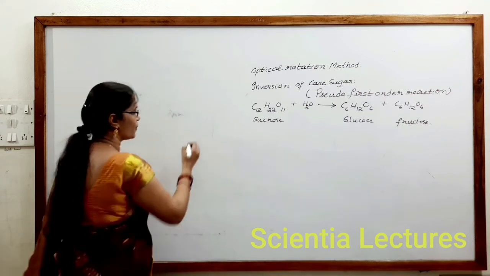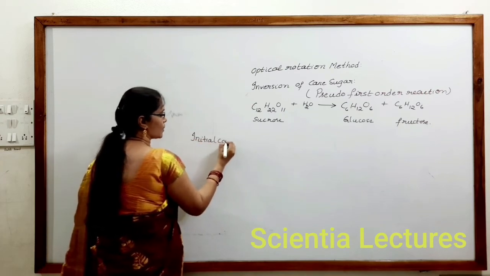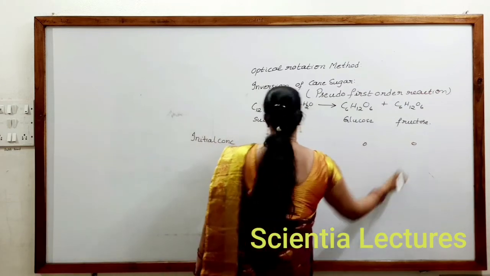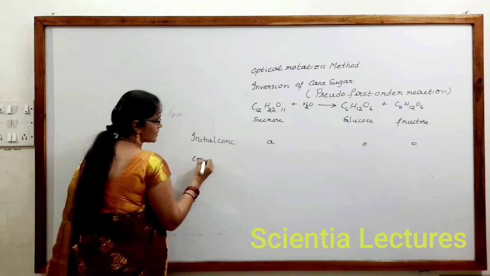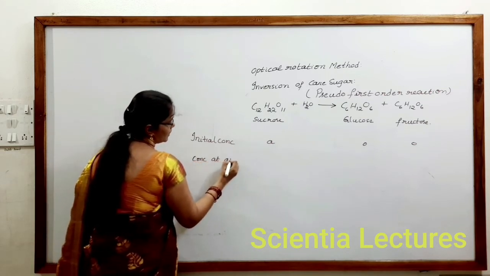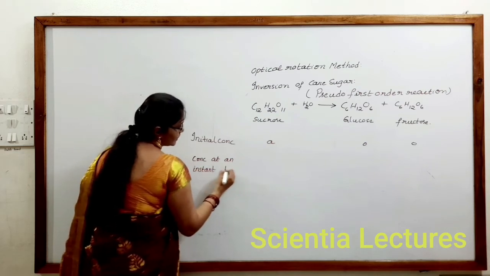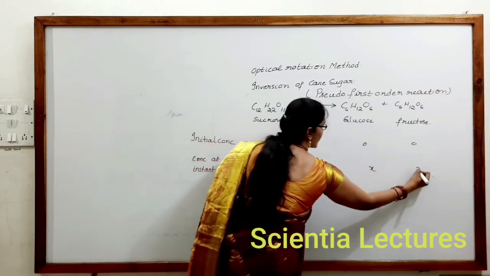As we have taken before, let us take the conditions. The initial concentration of sucrose is considered as a. The concentration at an instant t, let us consider it as a minus x.